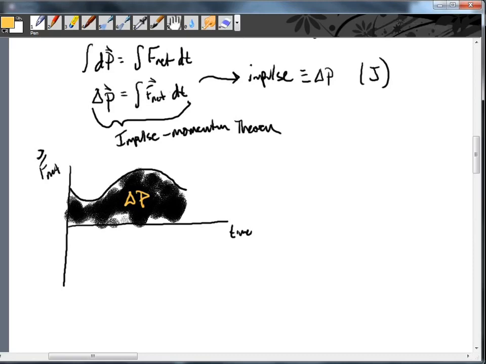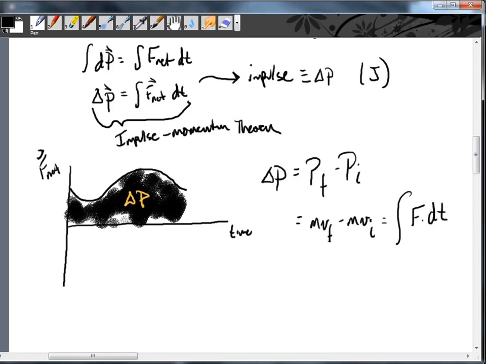All right, then our impulse, delta p, is going to equal p final minus p initial. We can convert those into mv final minus mv initial, and that's going to equal the integral of F dt.